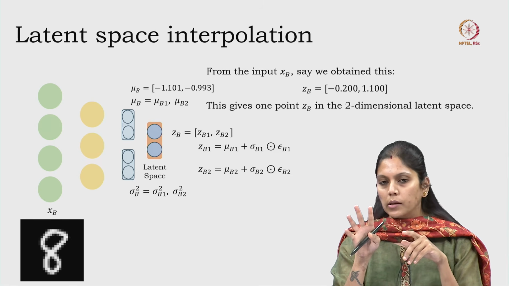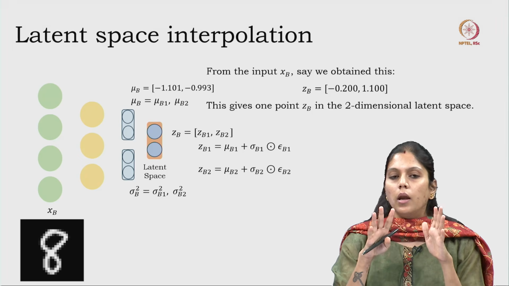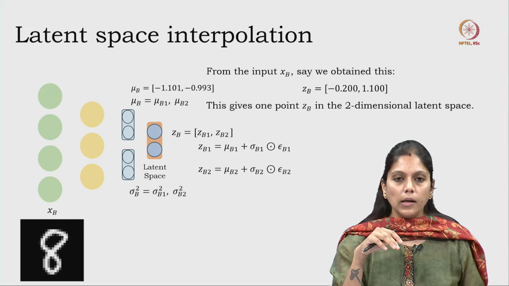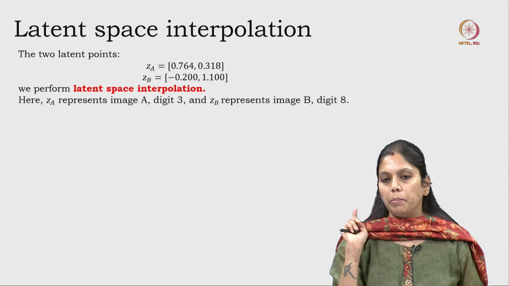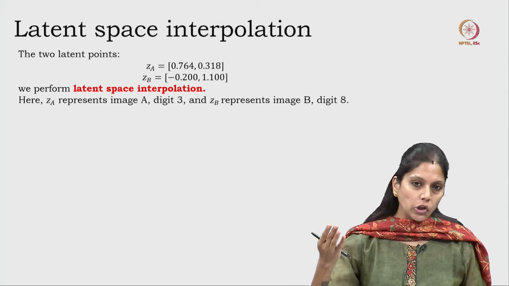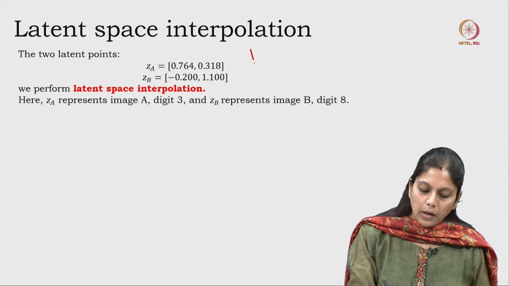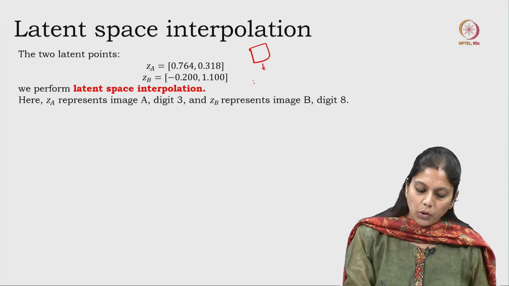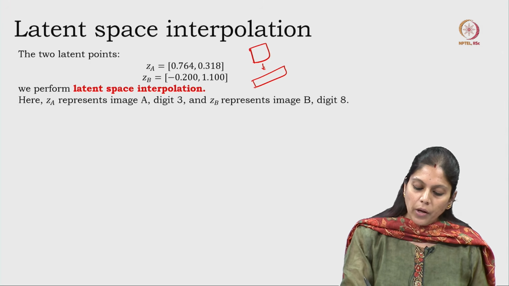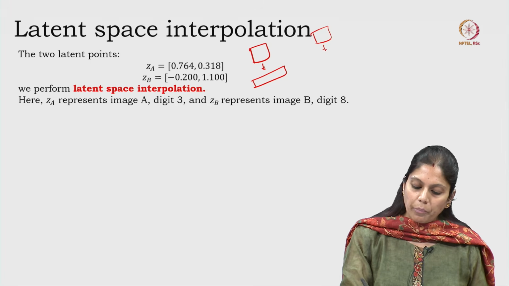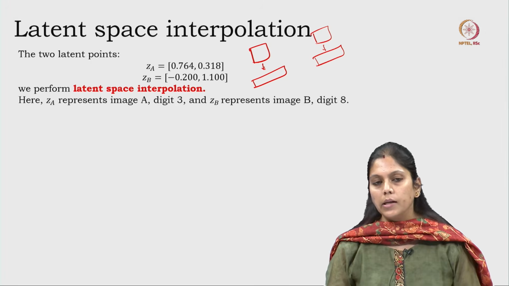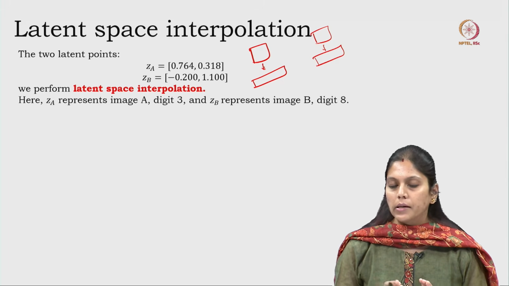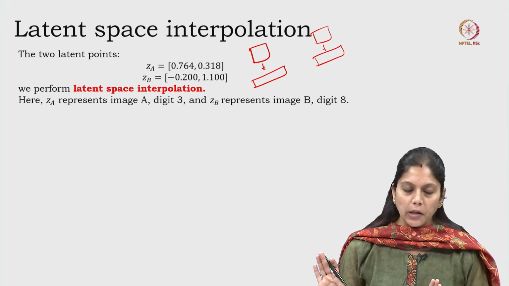Now what we have with us is ZA and ZB, which means go back to our initial diagram. We have an input, and from that input we got the latent representation. We have a second input, and from there we got the latent representation. That is what ZA and ZB are. How did we get them? It is a simple feed forward calculation.